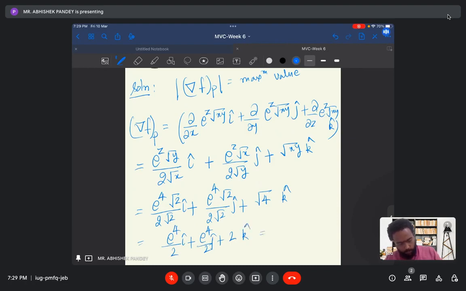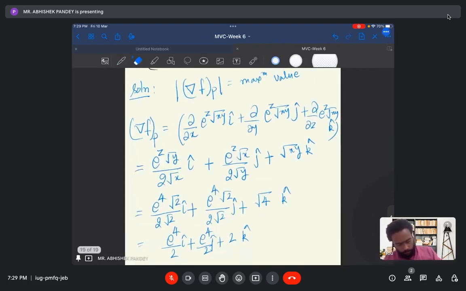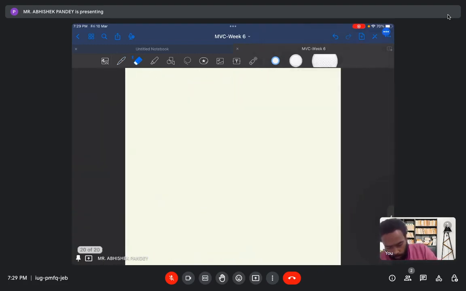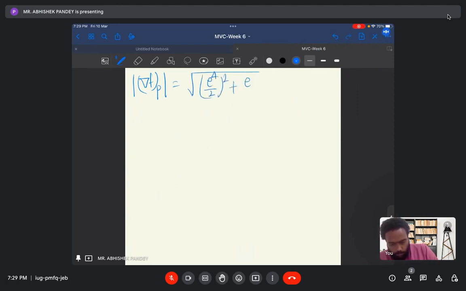Now the modulus of del f at P is e to the power 4 by 2 whole square plus e to the power 4 by 2 whole square plus 4.